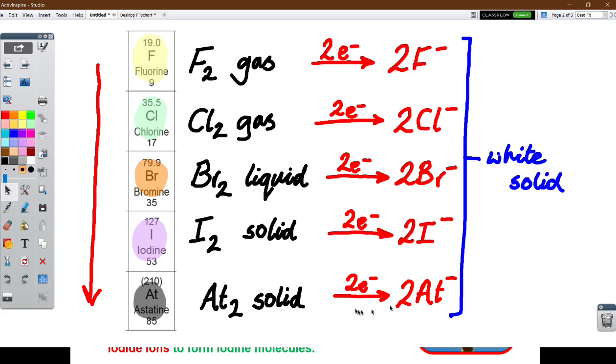If we look on the other side though, reminding ourselves that these are all reversible processes, if we leave astatine out of the discussion, iodide ions are the strongest reducing agents here. They are the ones that are most able to give up their negative charge, to give up their electrons and form iodine again, and they are the best reducing agents. So fluorine, strongest oxidizing agent, iodide, strongest reducing agent.